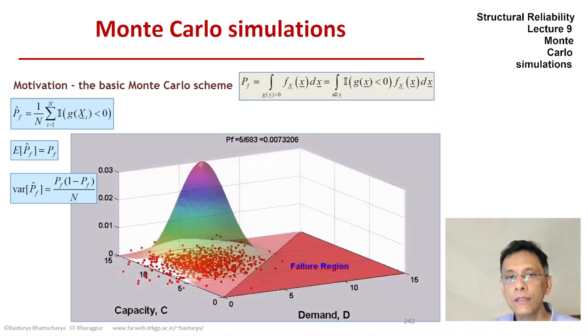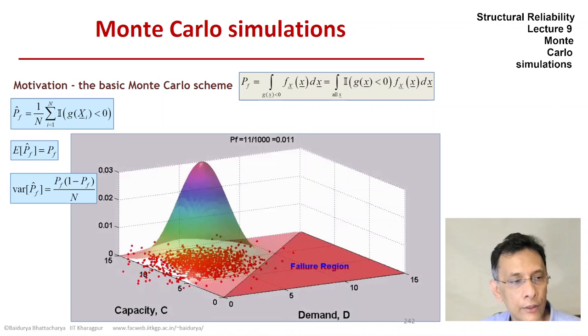We have seen this a few times in this lecture in the past, that the variance of the estimate is proportional to 1 over n. So with number of samples, the variance does go down. Now let us see what happened here on the movie.